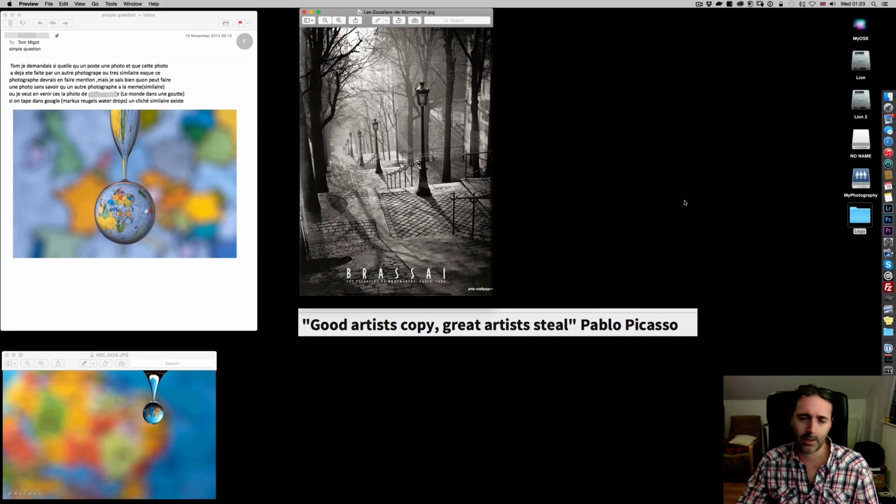Let's look at this art piece here. This is from Brassai, a fantastic photographer who covered Paris fantastically, and I really love his work. I love the emotion that transcends through his work, and this shot is very famous. This is the staircase in Montmartre, and it was shot in 1936.